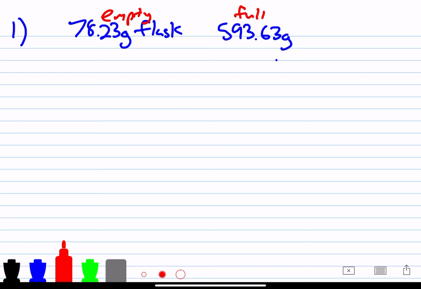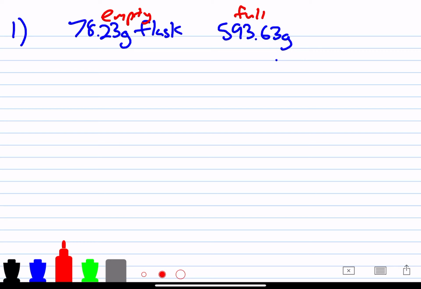Okay, so first thing we need to do is find the volume of the flask. Now, pure water, we assume to always weigh 1 gram per milliliter. That's its density. So in order to find the milliliters of the flask, we need to subtract the empty weight from the full weight, and that'll be equal to grams of water, which will in turn equal the milliliters of water.